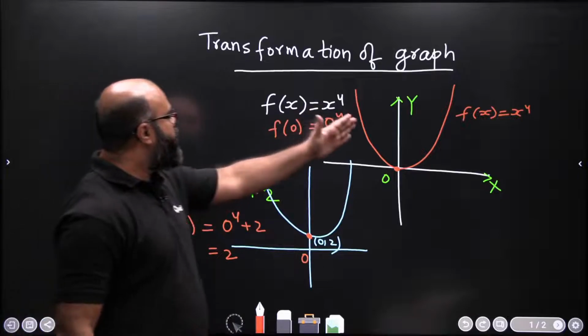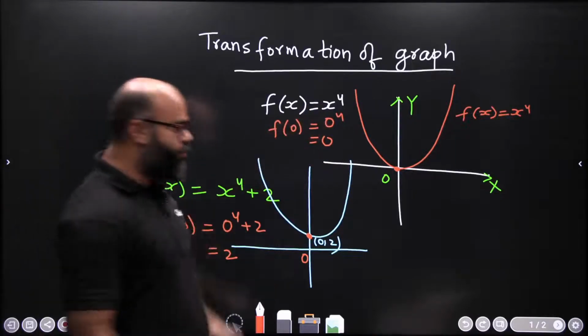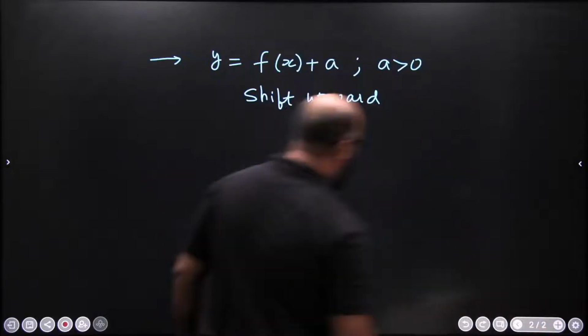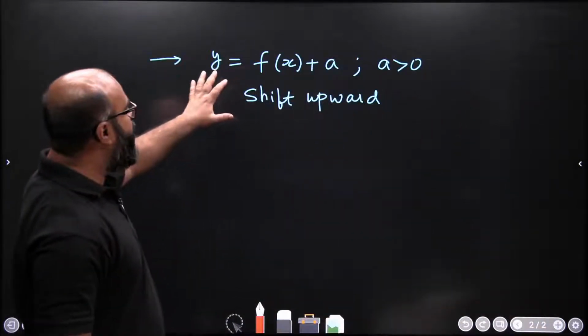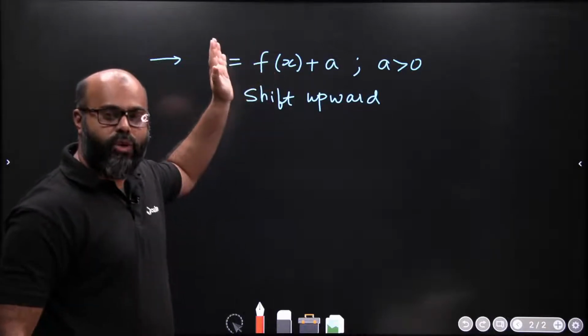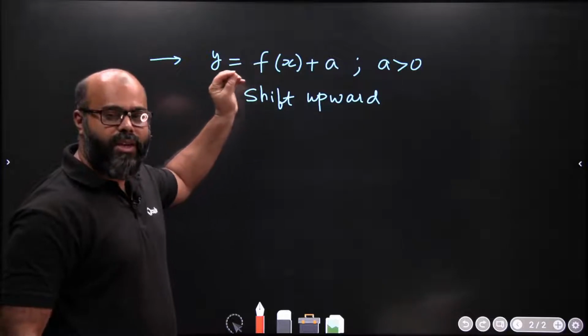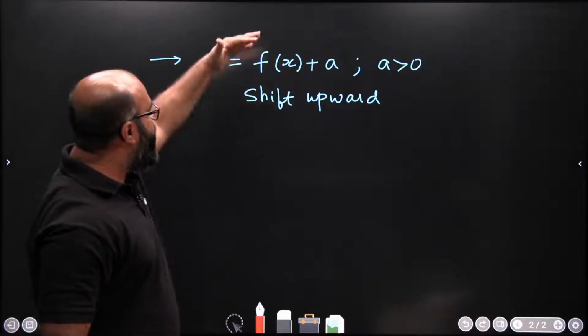So at 0 it is 0 for f, and at 0 it is 2 for g. That is why it has shifted upward by 2 units. The same thing happens for any other value, x = 1, x = -1, any number in its domain: it will shift upward.